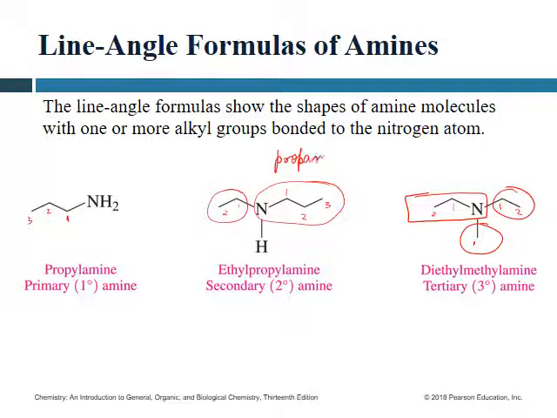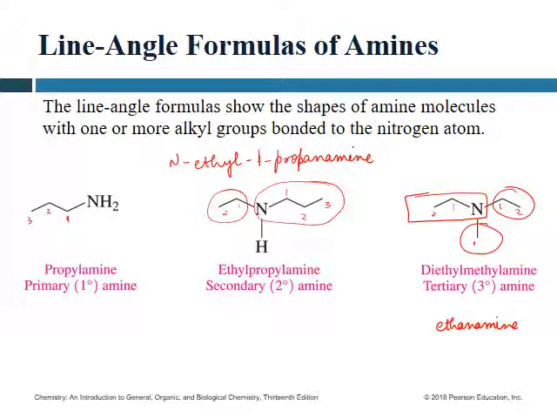So this would be propanamine. Where is this amine located? On 1. And what are my substituents? It is N-ethyl-1-propanamine. This would be ethanamine. Perfect. We don't have to tell exactly where the amine is.